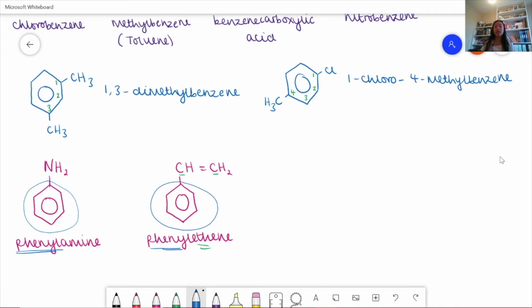So we're taking the benzene as a substituent of something else. Alkenes and amines both take priority over this benzene group. We also get ketones that do this as well. So we have, for example, phenylethanone. We have a carbon with double bond O, and then a methyl group, and then this carbon will be attached to our benzene. And so this would be phenylethanone.